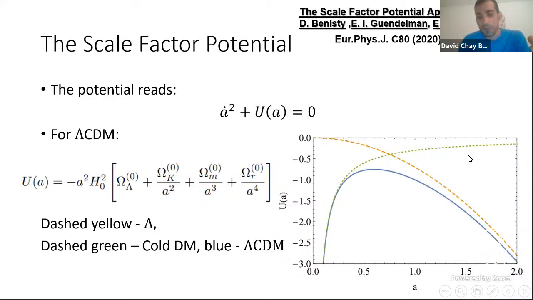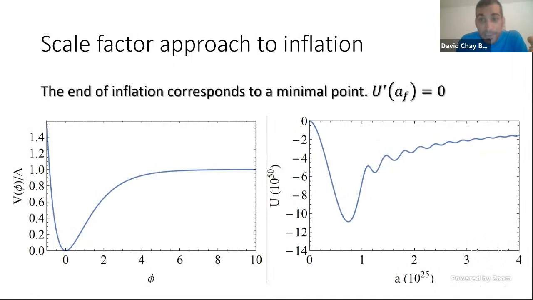And the combination of these, lambda CDM, is the smooth blue line. So what is the philosophy of this kind of potential? You can find what the velocity, A dot squared, should be, as long as you have some potential.